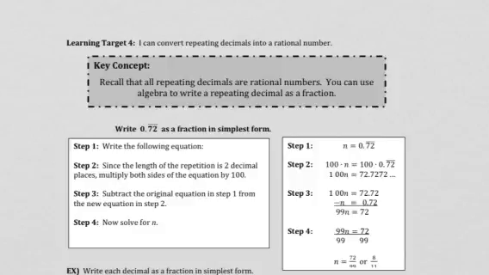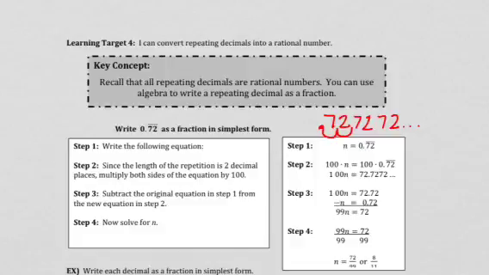So 0.72 repeating in a longer form is 0.727272, and it goes on and on. So what we're going to do is multiply by 100, and if you remember the shortcut, multiplying by 100 means you move the decimal 2 places over. So that's where I'm getting this 72.727272, just like that. When you move the decimal point over, that's what's left. So that's why I have this is equivalent to this.